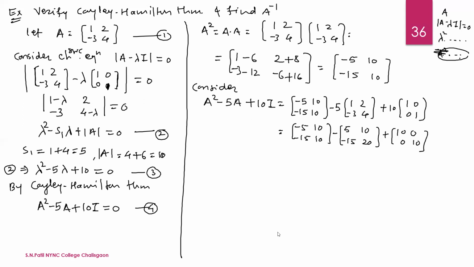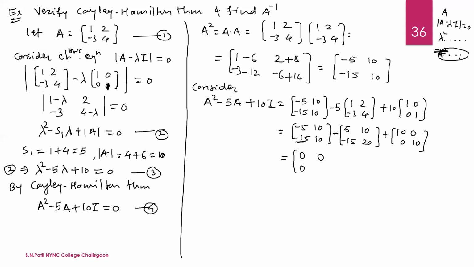Now minus 5 and this minus 5 is minus 10, and plus 10 gives 0. Next, plus 10 and minus 10 gives 0. Then minus 15, and minus minus is plus 15, that is 0.